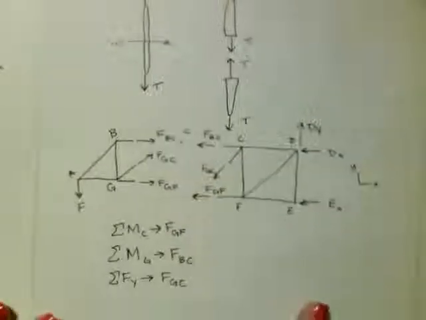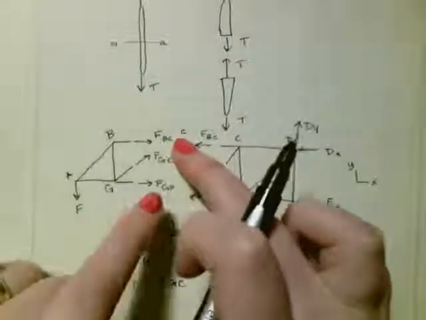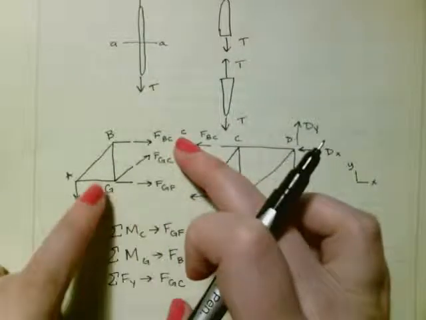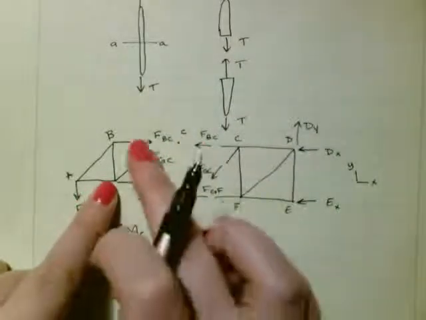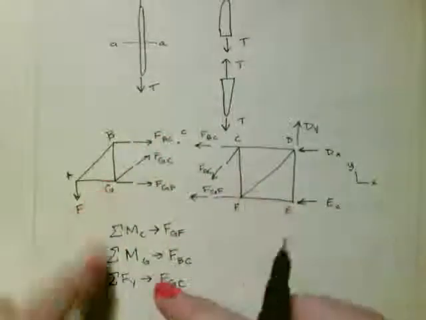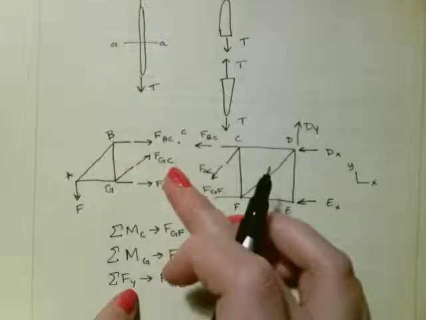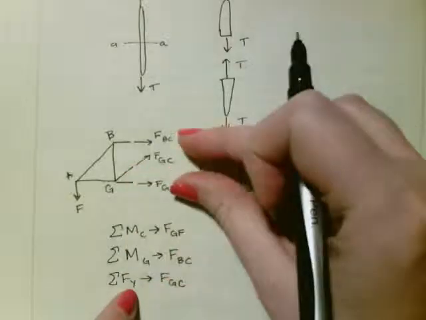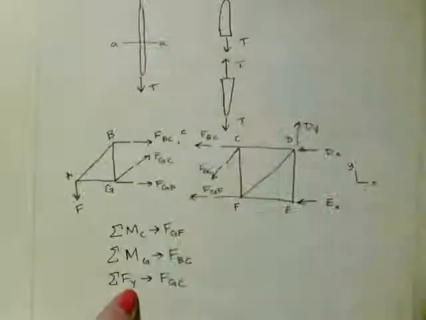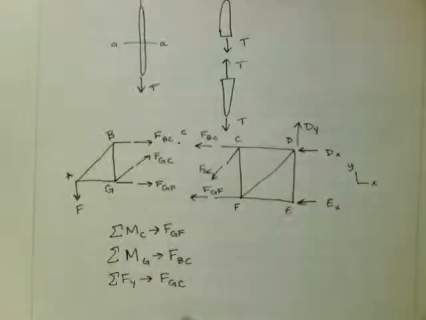So that's what I was doing in this one. I summed the moments, and in that case there was only one unknown. Then I summed the moments about here, and there was only one unknown. And then finally I summed the forces in the y direction, because these two forces are parallel, such that the third could be solved for directly. And that's it.